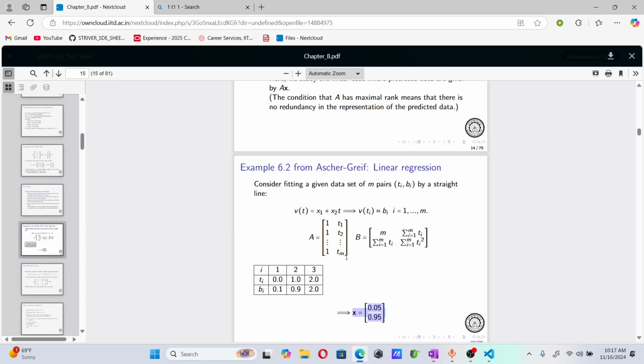So Ax equals Y, and the solution won't exist because the matrix is not exactly a square matrix, right? So Ax equals Y doesn't make any sense.